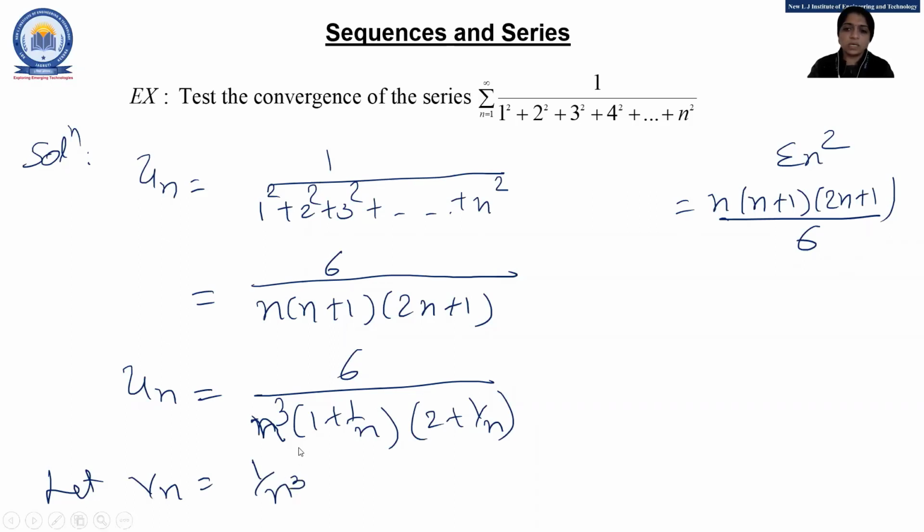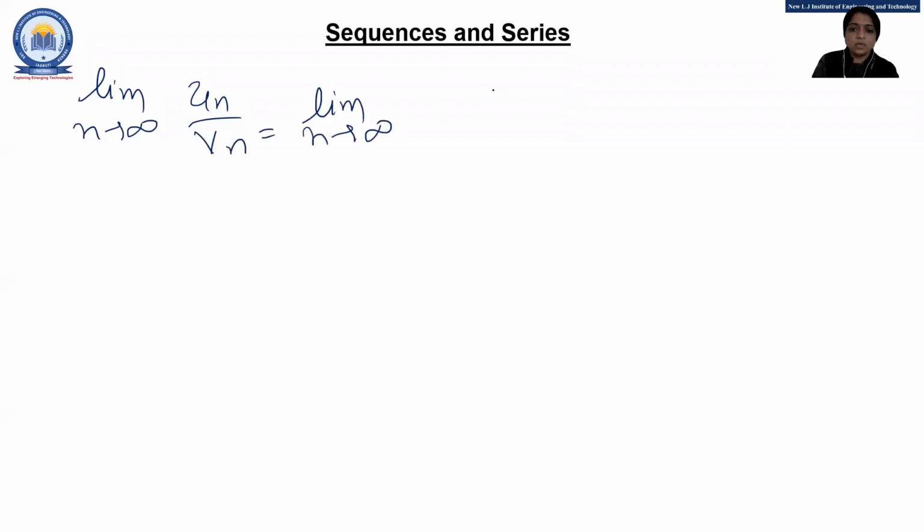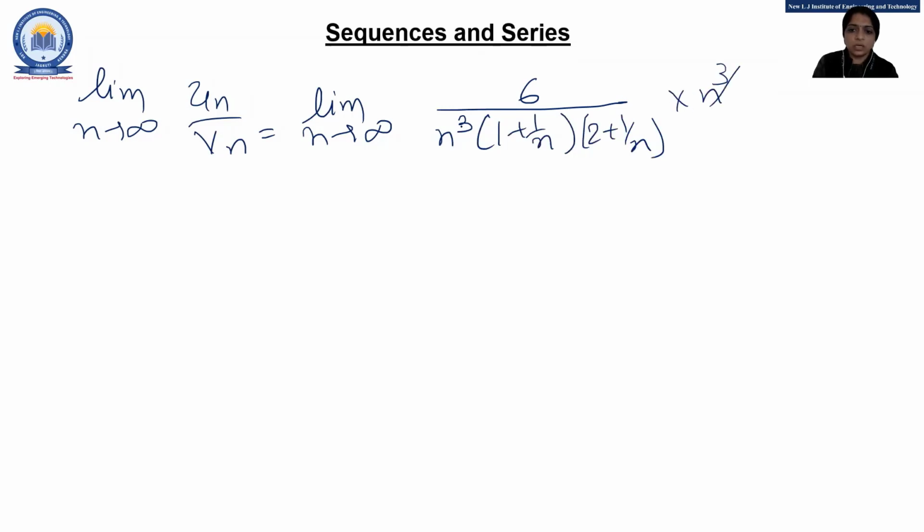By selecting Vn as 1 upon n cube, for the comparison test, limit n tends to infinity of Un upon Vn is limit n tends to infinity of 6 upon n cube times 1 plus 1 by n times 2 plus 1 by n, into n cube. Both n cube cancel out, and after applying the limit, I have 6 upon 2, that is 3, which is finite and non-zero.